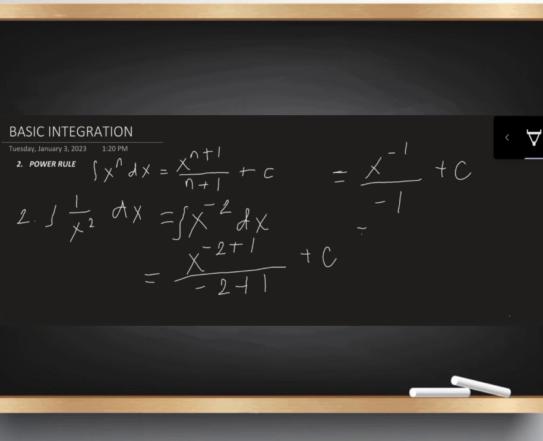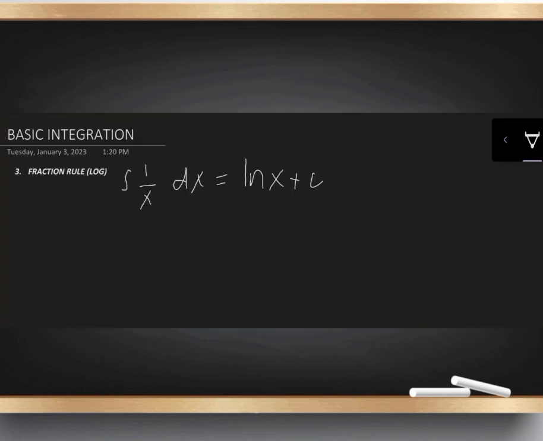Again, simplify. Since x is raised to a negative exponent, we will bring down x. So this will give us negative 1 over x plus c. This will be the final answer.